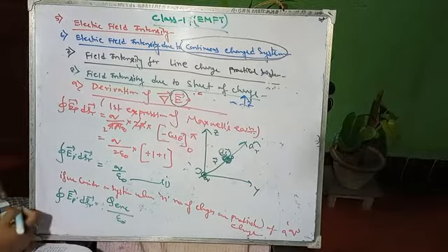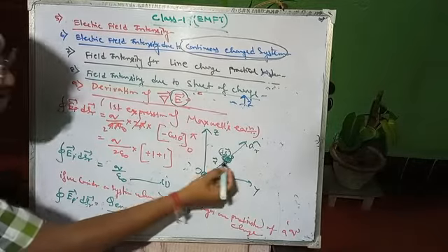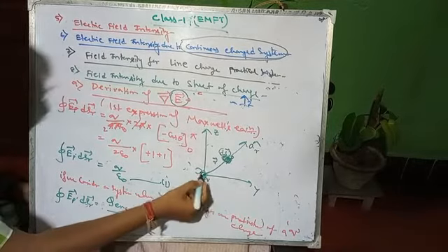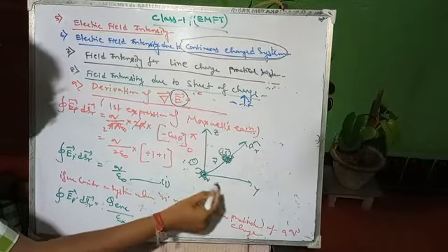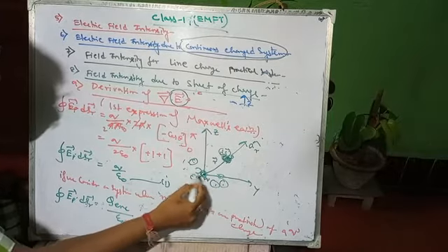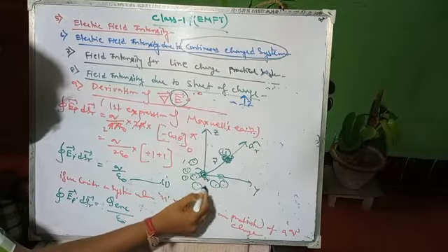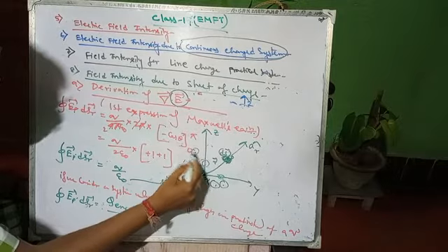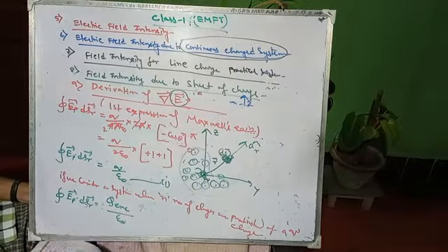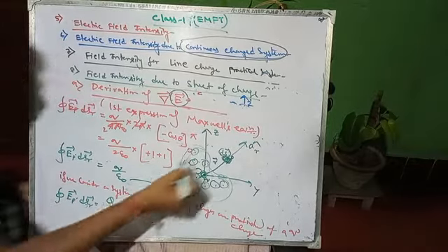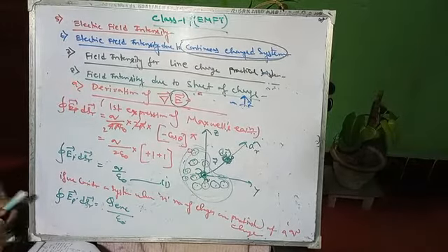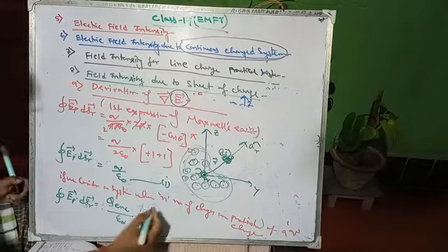What is the capital Q enclosed? Earlier the system contained only one charge. Now there are n number of charges, so the total system has a total charge Q enclosed. What is this Q enclosed?